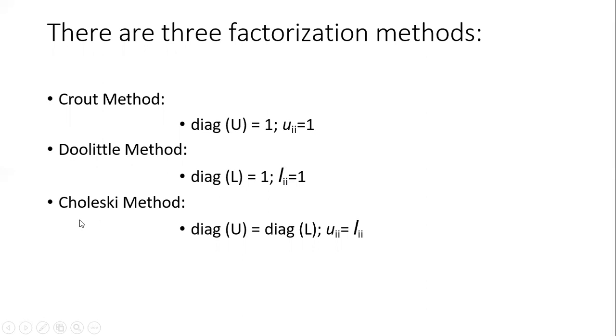Now for the Cholesky method, the diagonal of U is equal to the diagonal of L. For this case, U ii is equivalent to L sub ii. So expect here that U11 is equivalent to L11, U22 is equal to L22, and so on.